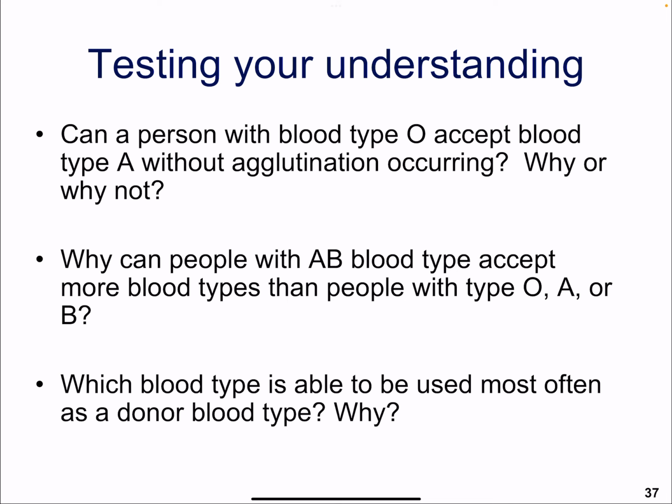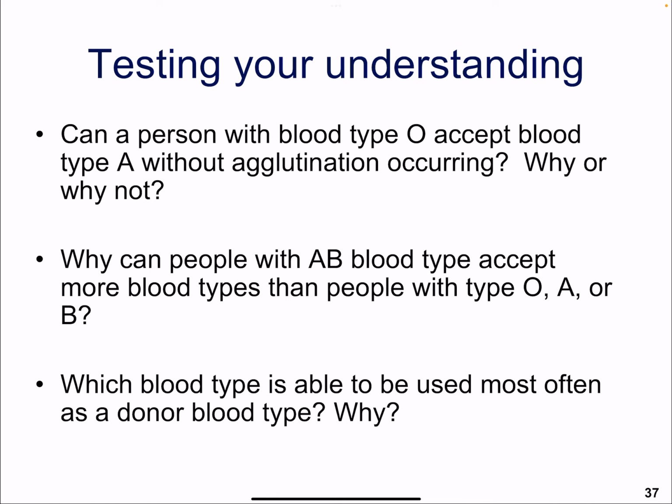So now, let me test you on your understanding of your blood type and blood donation. First question, can a person with blood type O accept blood type A without agglutination occurring? Why or why not? Think about that.